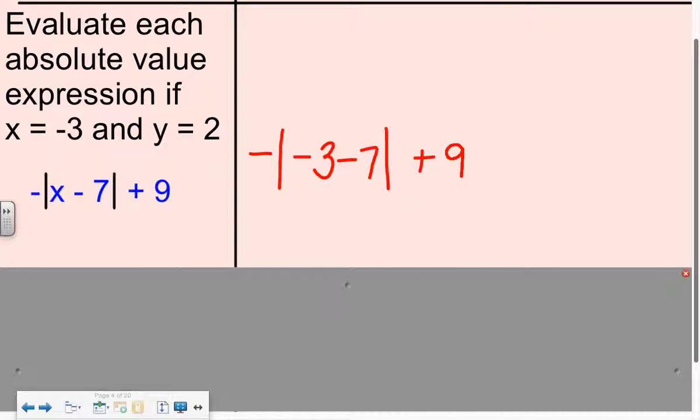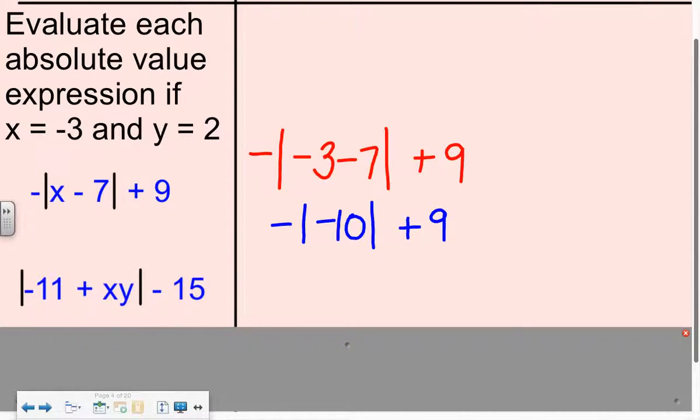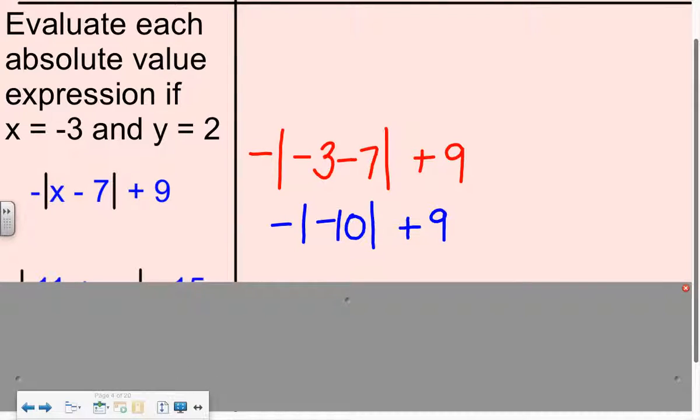Plus 9. Okay, so PEMDAS again, work inside of my parentheses. The absolute value of negative 3 minus 7, negative 3 and negative 7 make negative 10. Bring down that minus sign in front. So now I want to take the absolute value of negative 10.